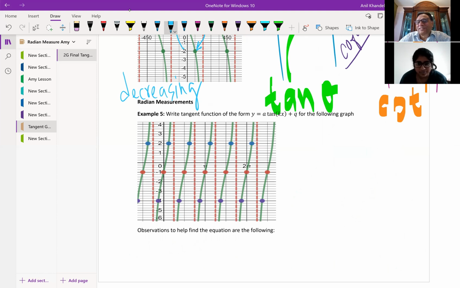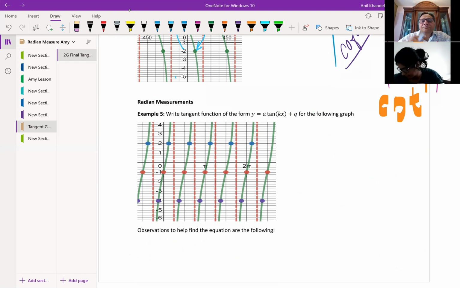This is the reverse question, correct? Let me just erase this part. Can you please read this question? Example 5, write the tangent function of the form y equals a tan kx plus q for the following graph. Correct.